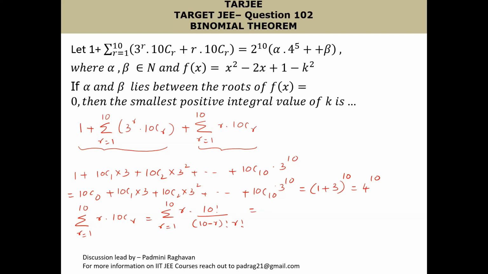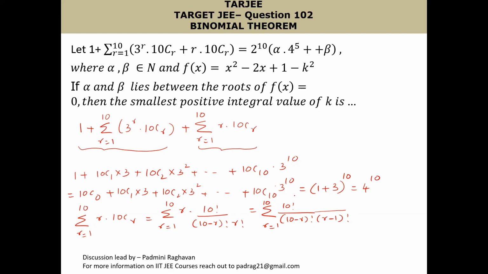Cancel one r in the numerator and denominator. We get sigma r is equal to 1 to 10, 10 factorial by 10 minus r the whole factorial into r minus 1 factorial.